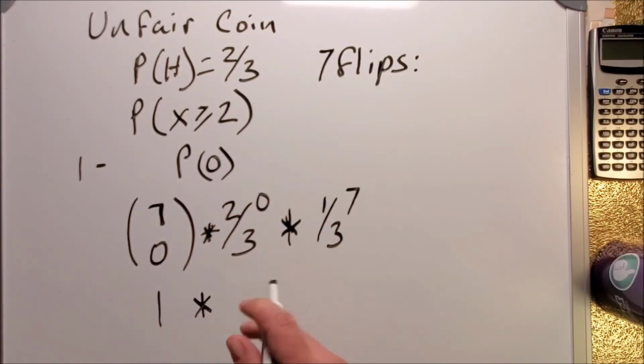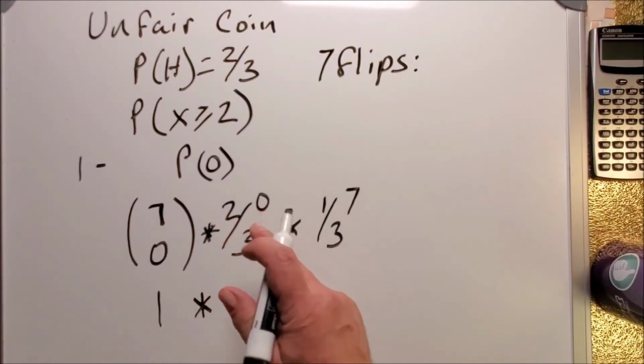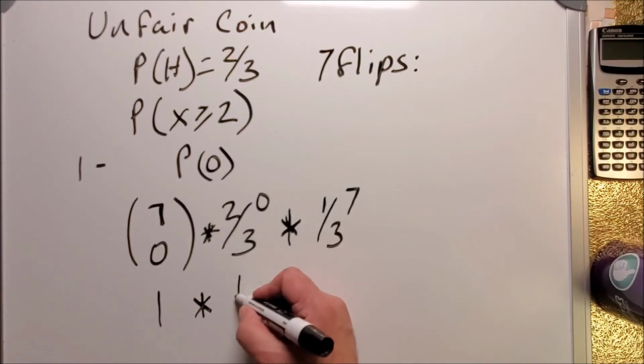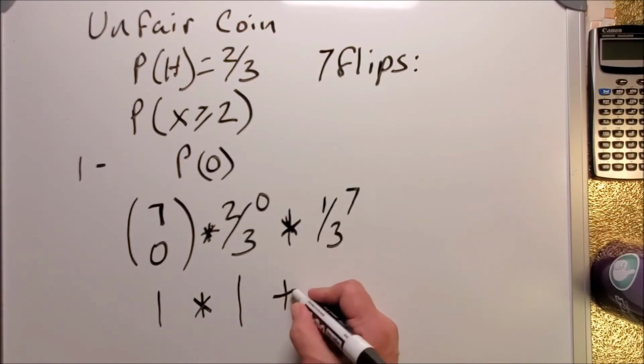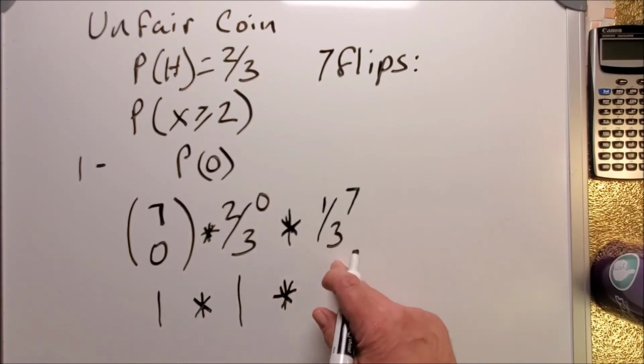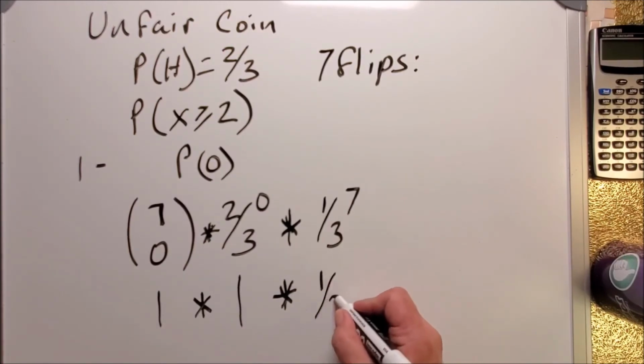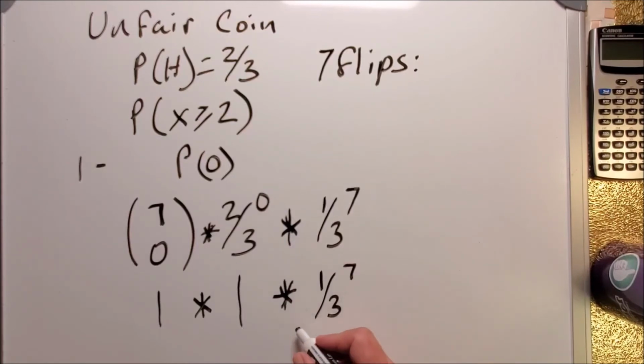We have 2/3 to the 0 power. Taking 2/3 to the 0 power is also 1. We're going to multiply that by 1/3 to the 7th power. So that is going to give us 0.000457247. So we're going to keep that in mind.